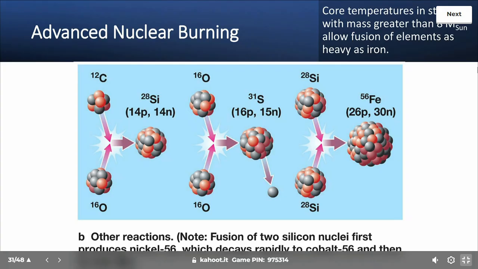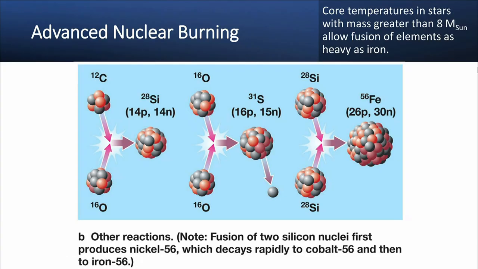So past the helium capture, if the star has enough mass, so these are stars that have more than 8 solar masses, now we can start fusing heavier and heavier elements in our cores. So we can fuse carbon and oxygen together to get silicon, or we can do 2 oxygens together to get sulfur. So that's why the silicon and sulfur spikes were in that graph. And then you can fuse 2 silicon together to make iron.